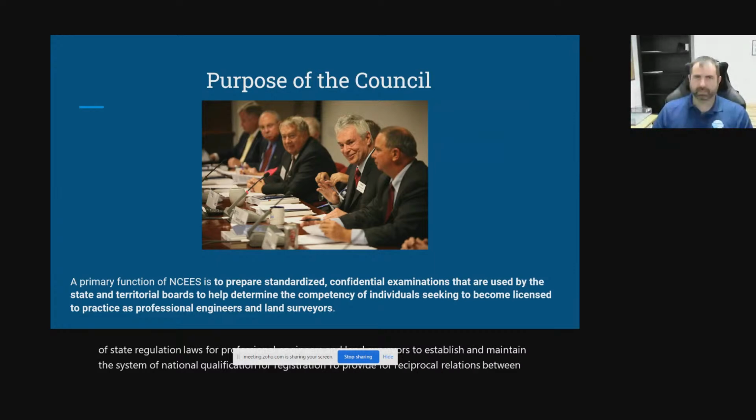So basically, anywhere you can transfer your exam or licensure, that's what they do, they'll talk between states as well. And to foster any movements having for their aim the promotion of the public welfare through engineering registration and through the improvement of professional standards. It's a mouthful, but yeah, they do quite a bit.